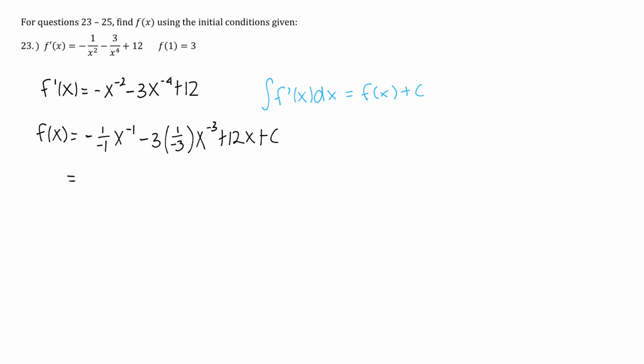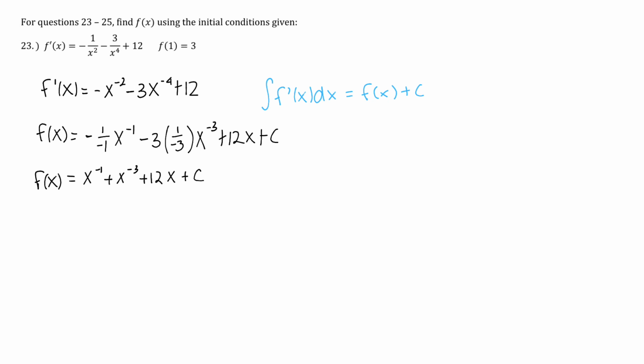So that becomes x to the negative 1 plus x to the negative 3 plus 12x plus c. That's what f of x is.